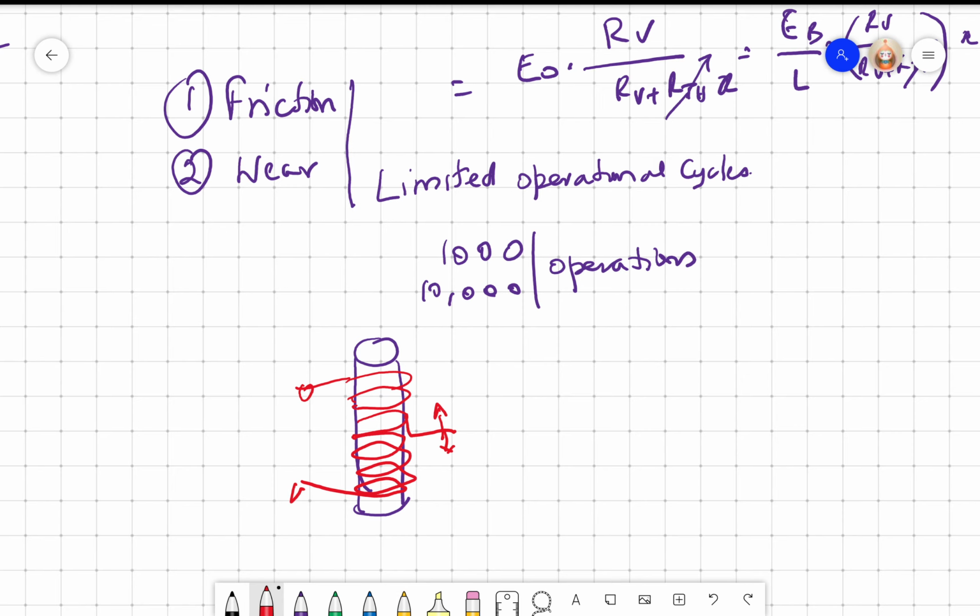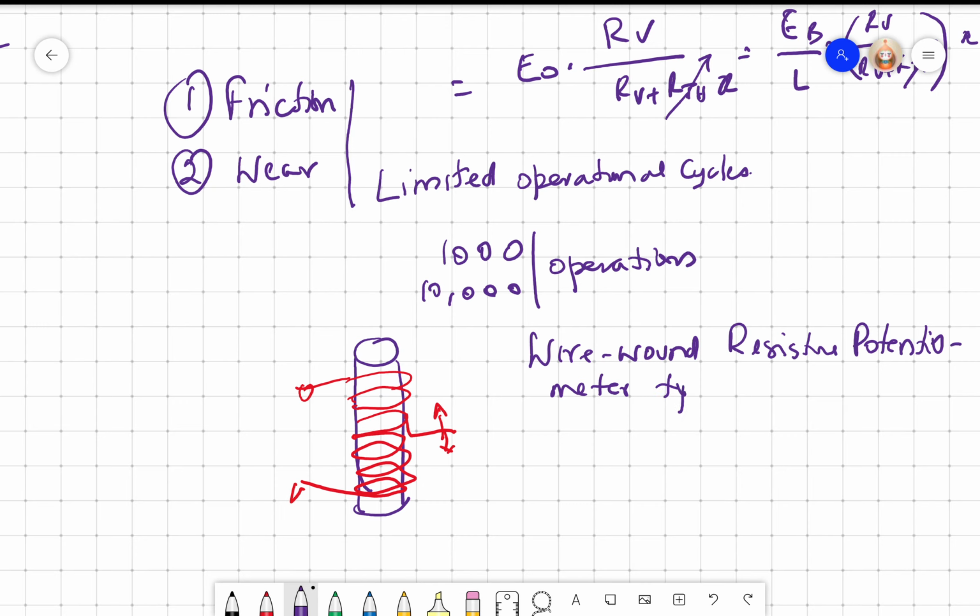So we call this a wire wound resistive potentiometer type displacement sensor.